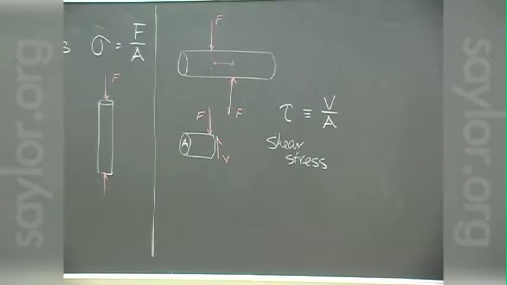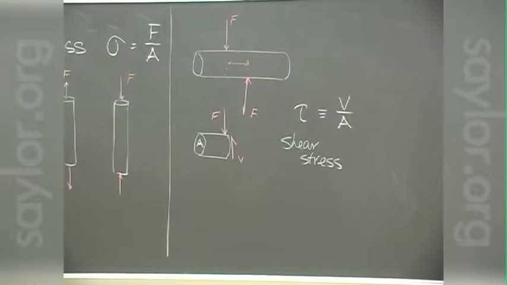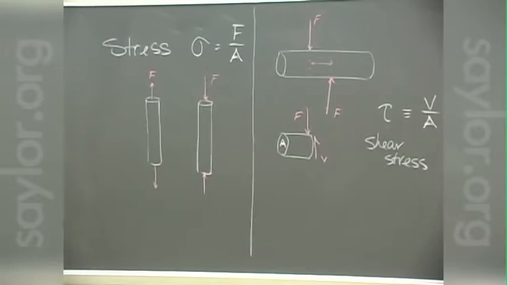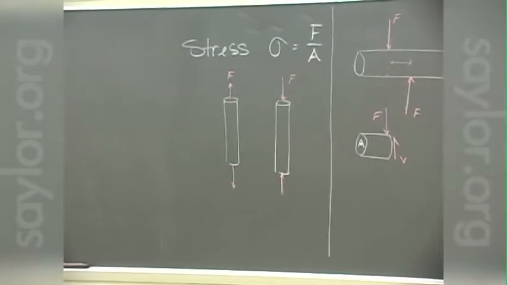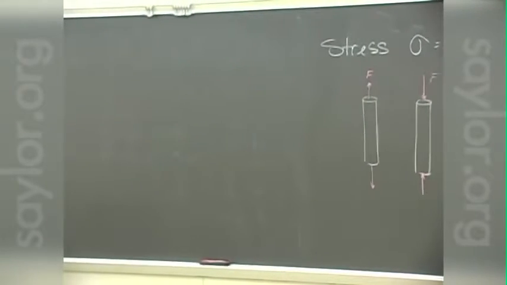All right, this is the type of thing that we'll see in the pins that we're using to hold these pieces together. We've never looked specifically at the pinned joints themselves. We just assumed that whatever pin was in there was strong enough to hold it.